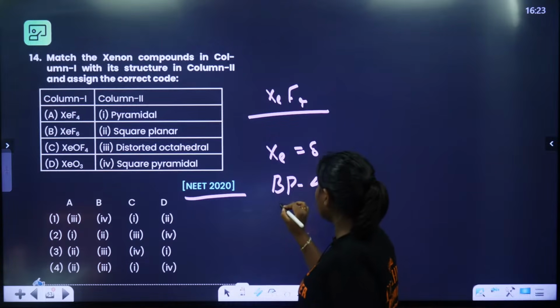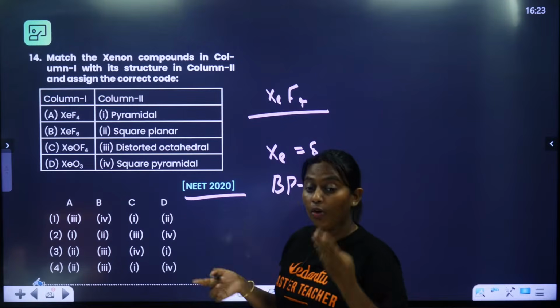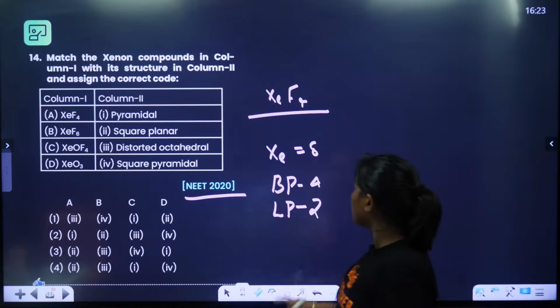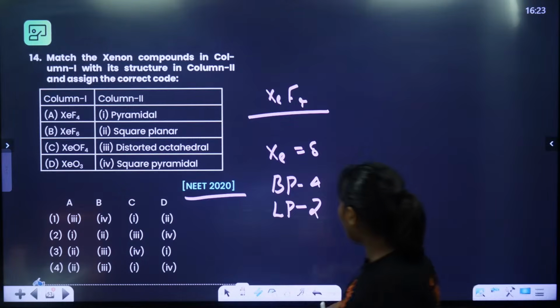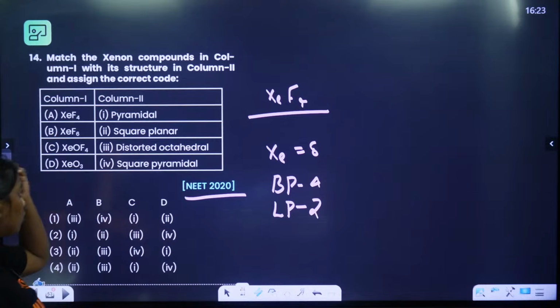The rest, 4 electrons, are non-bonded electrons. So in pairs, lone pair is 2. So bond pair is 4, lone pair is 2, which means 4 plus 2 is 6.